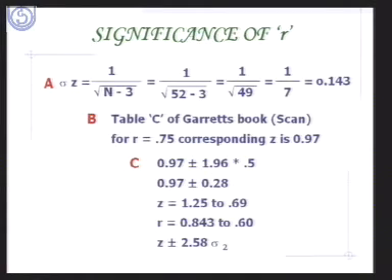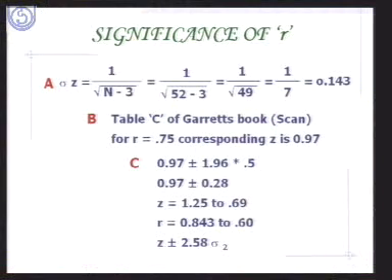Then we calculate the sigma Z. As you know, from the normal probability curve, plus minus 1.96 sigma covers 95% of cases, and plus minus 2.58 sigma covers 99% of cases.